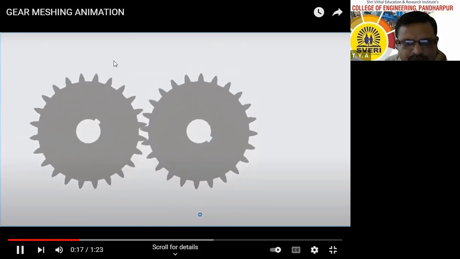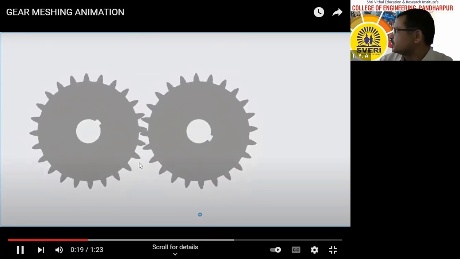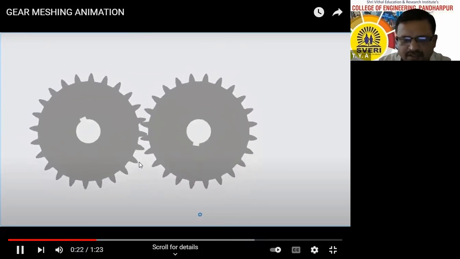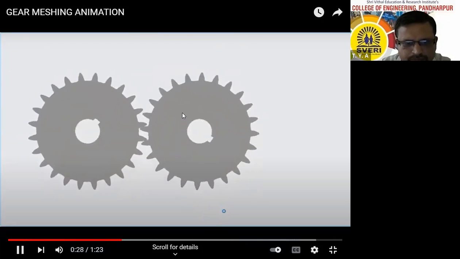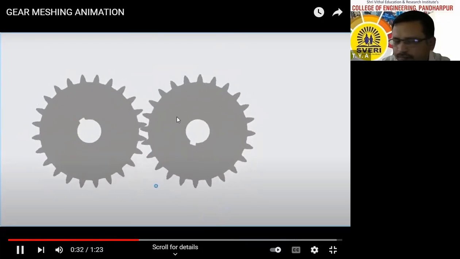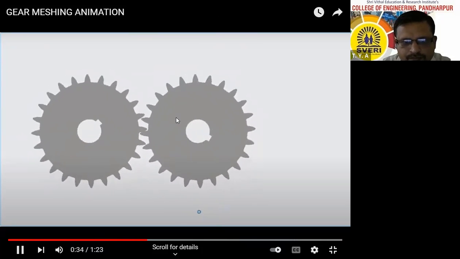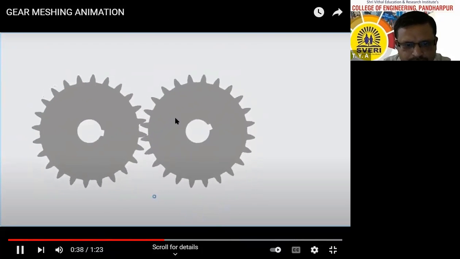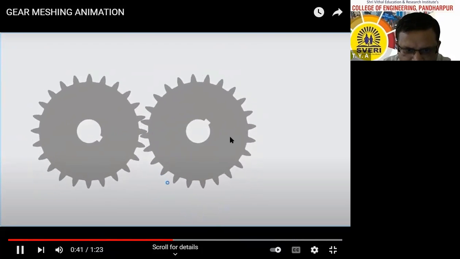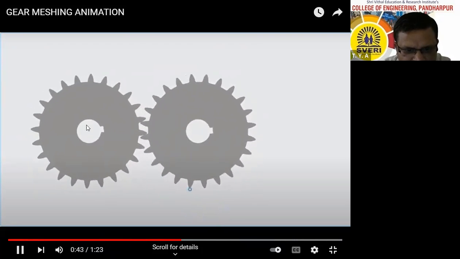Like this is the motion of gears when they are in contact with each other. See, this will rotate clockwise, and this is rotating anti-clockwise.